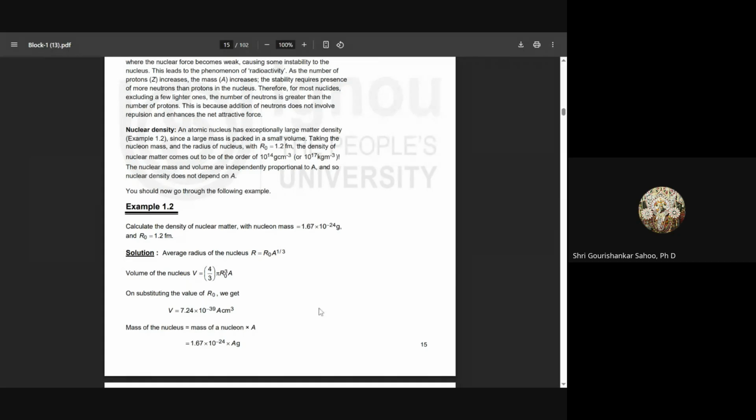By substituting these values, your volume V is equal to 7.24 into 10 to the power minus 39 A cm cubed. And mass of the nucleus is equal to mass of the nucleon multiplied by A, which is 1.67 into 10 to the power minus 24 into A gram.